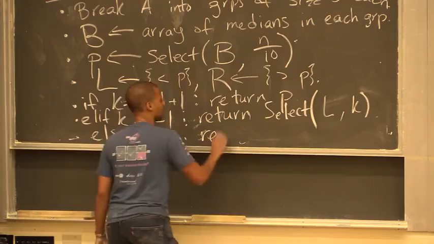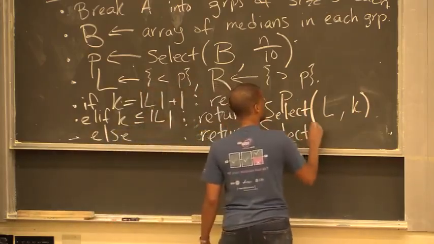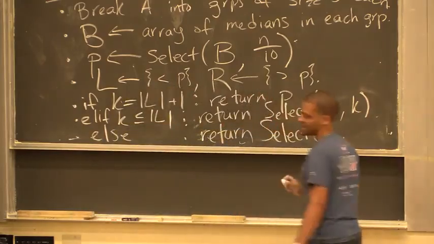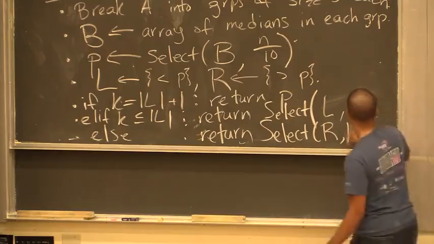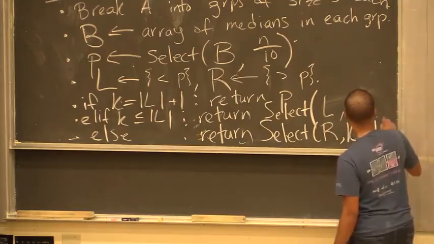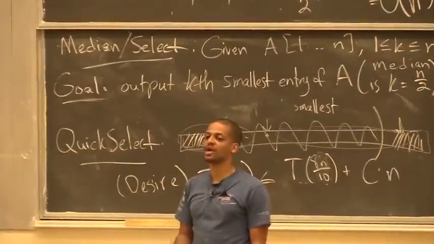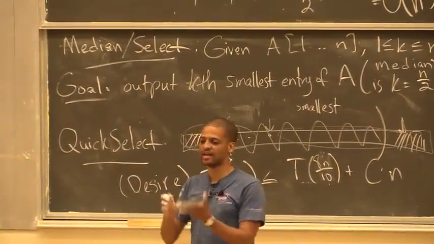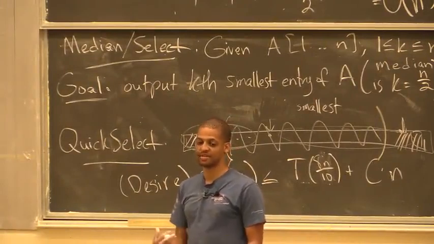Otherwise, I'm going to return select R, and then K has to change. It's going to be K minus L minus 1. Right? Because even the smallest thing in R is bigger than L plus 1 things in the original array A. It's bigger than all of L, and it's also bigger than the pivot P. That's L plus 1 items.